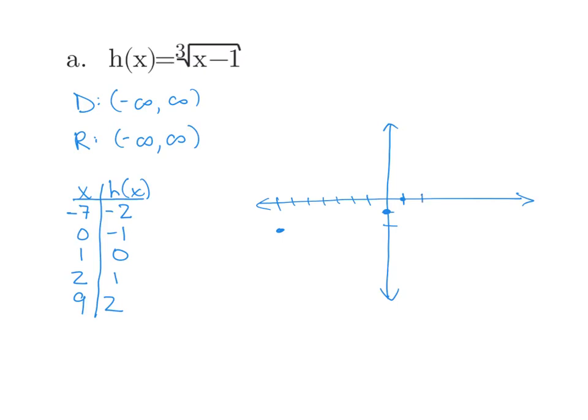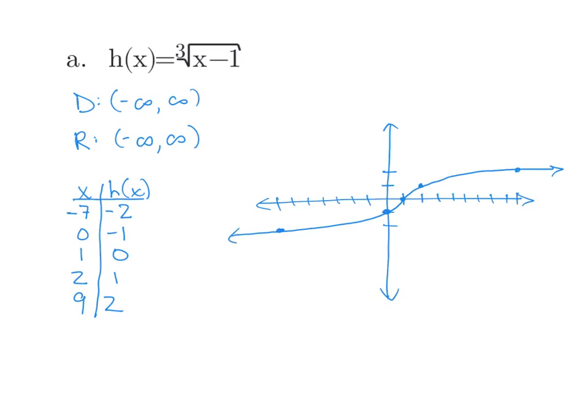2, 1, we go to the right and 1 up. And 9, 2, we go 9 to the right and 2 up. And so now if I connect my dots, this is going to look basically like a sideways cubic function.